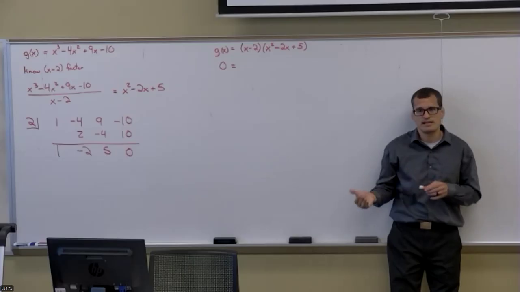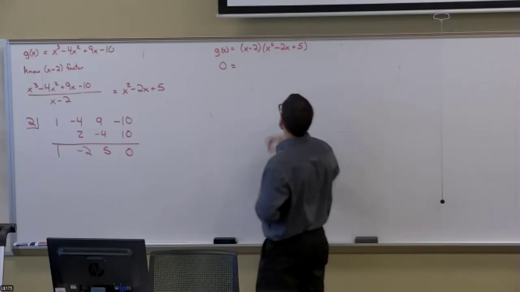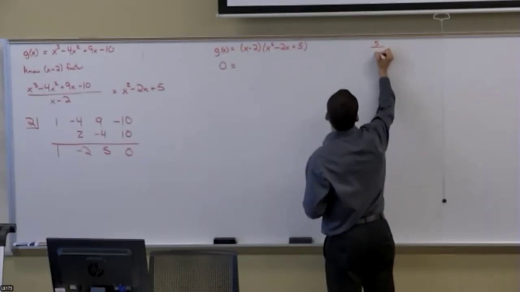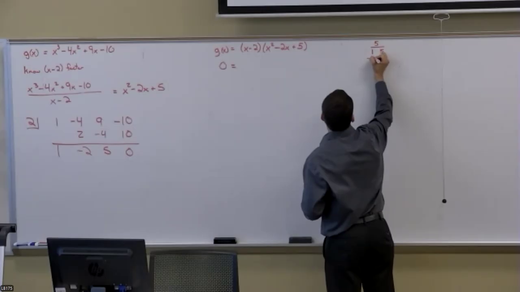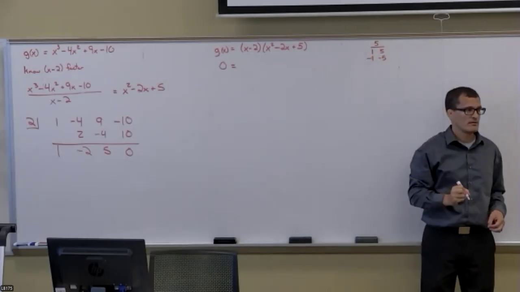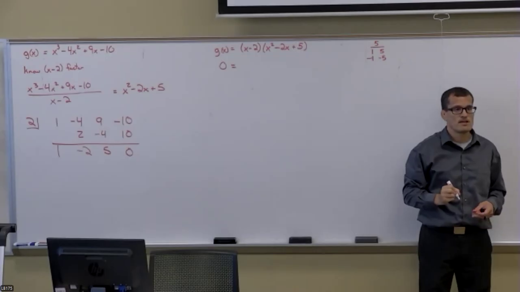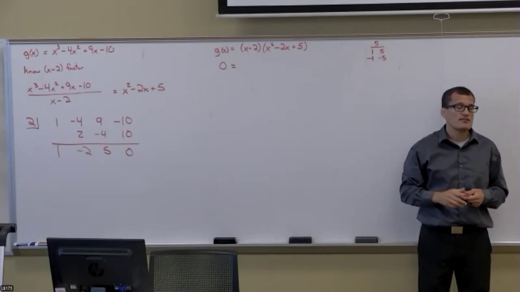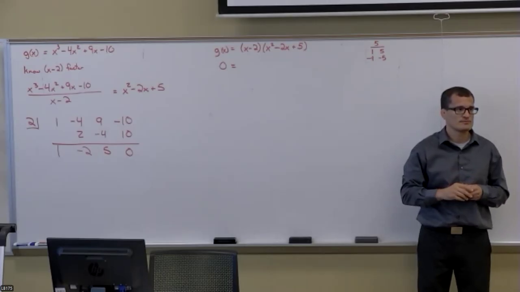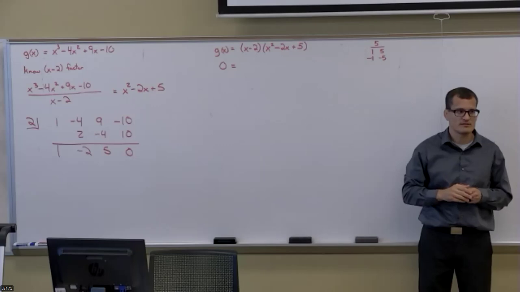Trying to solve the equation z equal to 0. There are no factors of 5 that add up to negative 2, right? So that is not factorable over the integers. So I can't factor it.